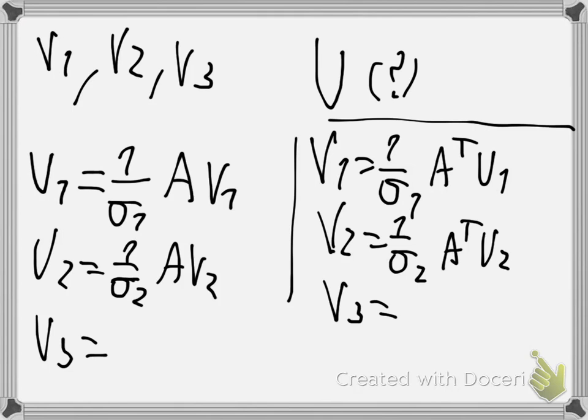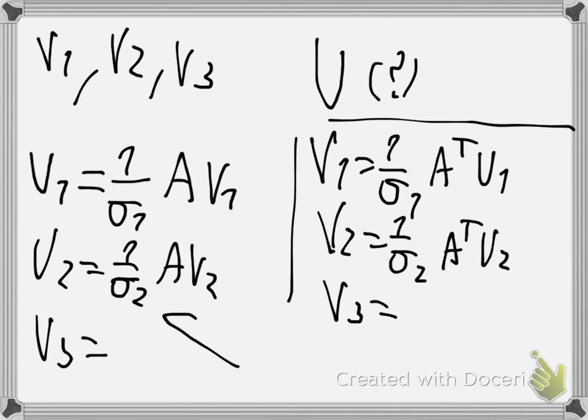And if it happens that you have one single value on the diagonal that is 0, you can't use that formula because you divide by sigma. So what you do in this case is you can take whatever vector you want. Let's say you still need to find U3, and you have 3 vectors.